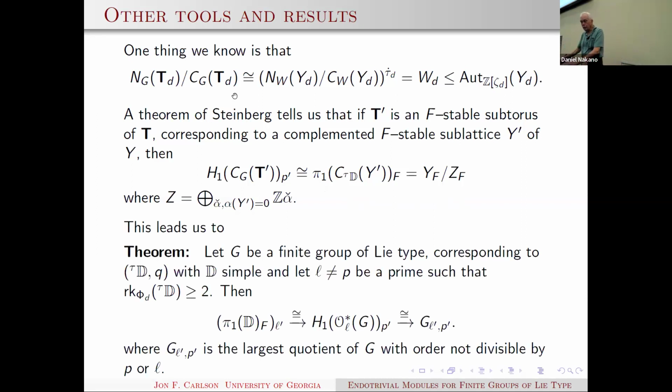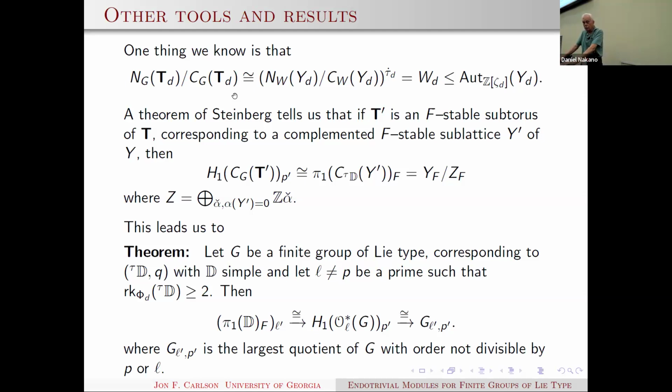And so it gets you to this. So this is one of our theorems: if you've got a finite group of Lie type corresponding to a root datum like that, then you let L be a prime not equal to, et cetera.